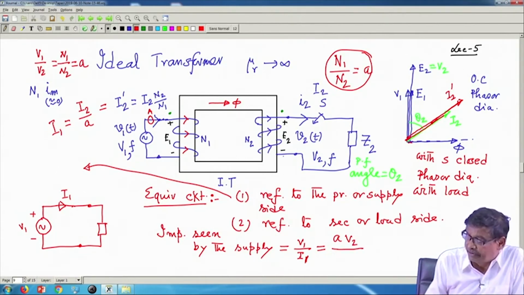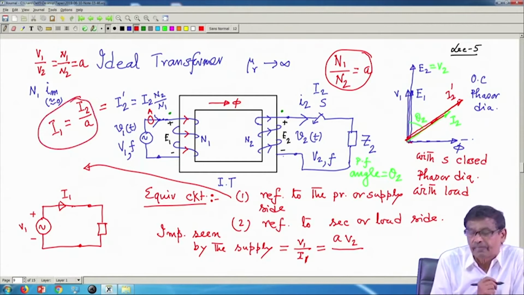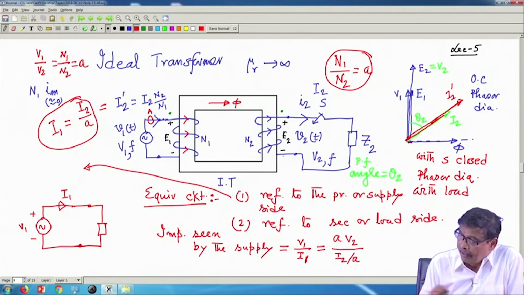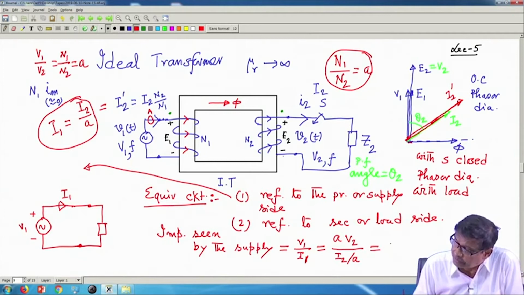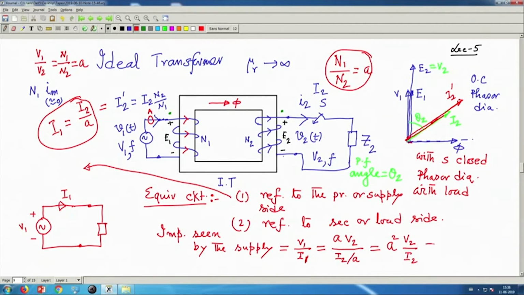Similarly, I can express I1 in terms of I2, because I1 is equal to I2 by a. So, I will write it as I2 by a, and this then becomes equal to a squared into V2 by I2, but V2 by I2 is Z2. This Z2 is equal to V2 by I2.